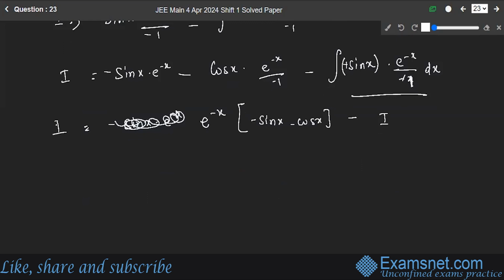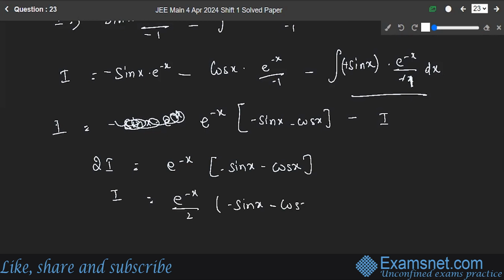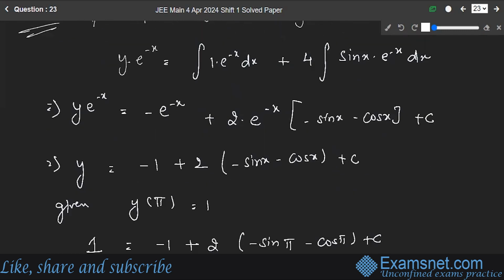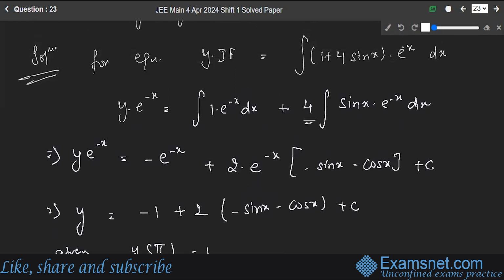And you will have 2I is equal to this. Or I is equal to this function. So this I's value, I just filled it in this place. And 4 divided by 2 will give you 2. Rest is the same. Hope you're clear with this. Let's move to the next question.